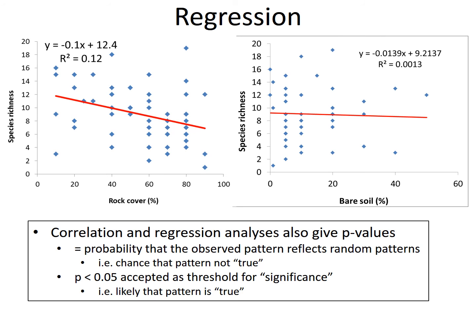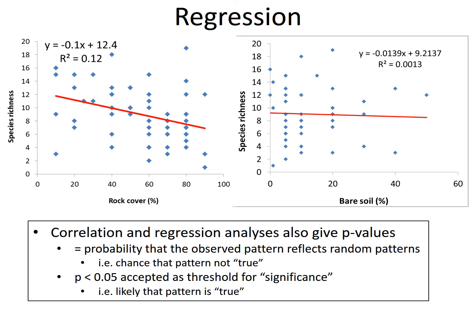Now, correlation and regression analyses also give p-values. Maybe you remember this from your biometry course in first year. It is a topic that we could go into a lot of detail, but we're choosing to be very brief with it here.